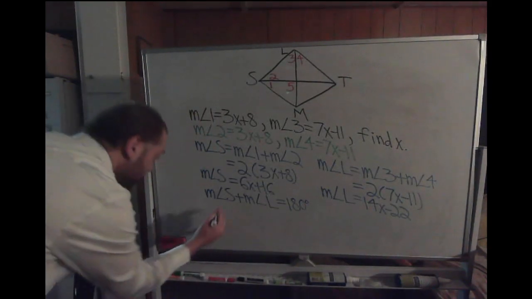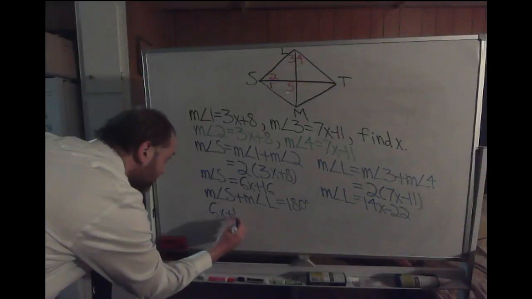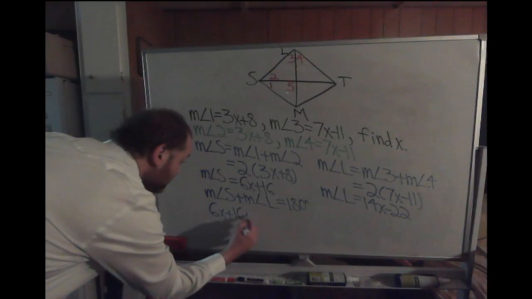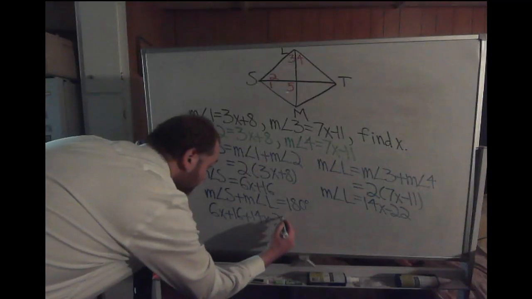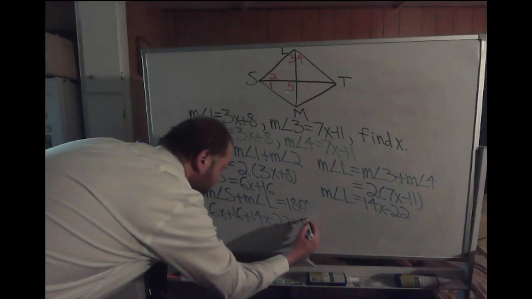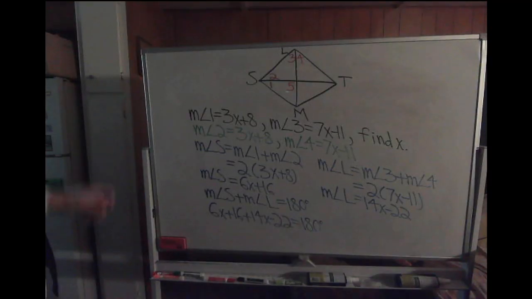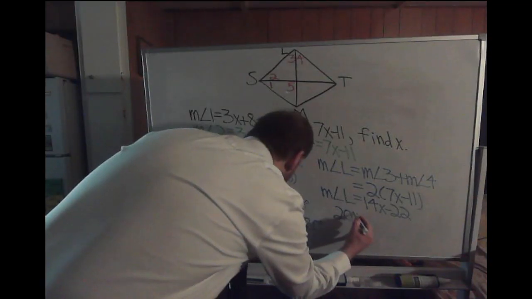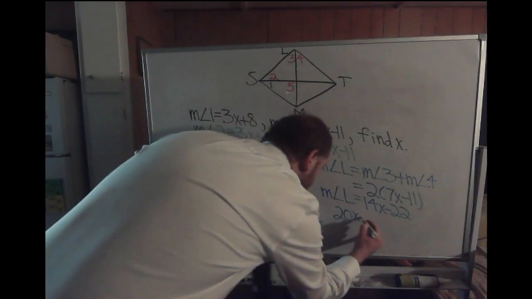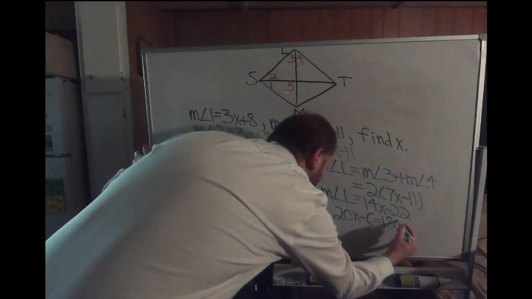Which simply means now we're going to take 6x plus 16 plus 14x minus 22, set all that equal to 180. So we simplify this, you would end up getting 20x minus 6 equals 180.